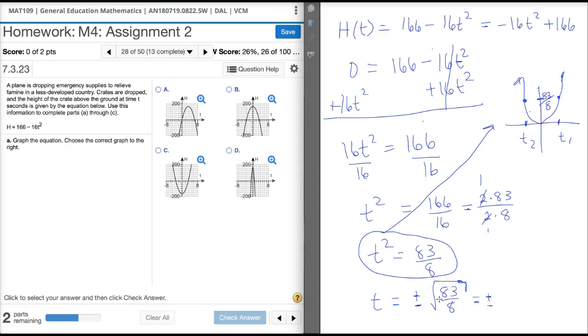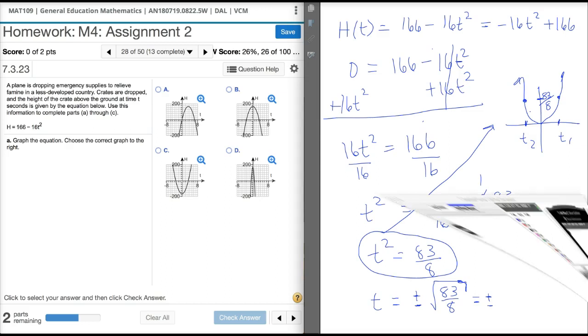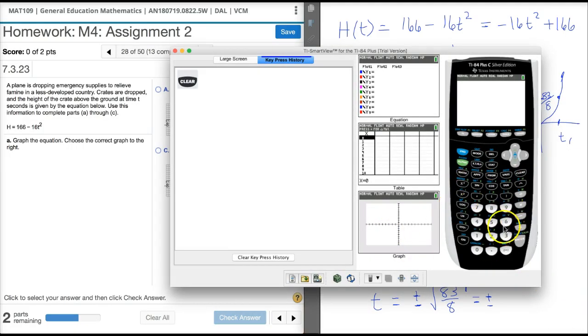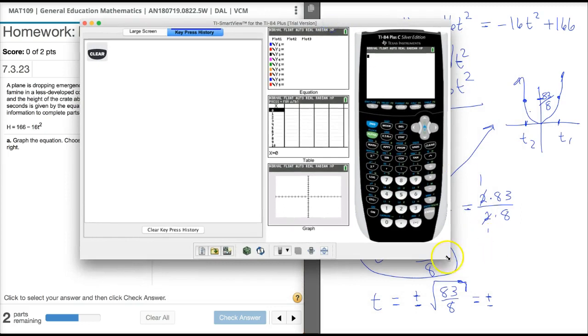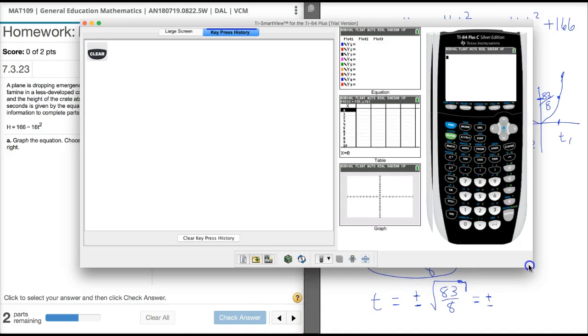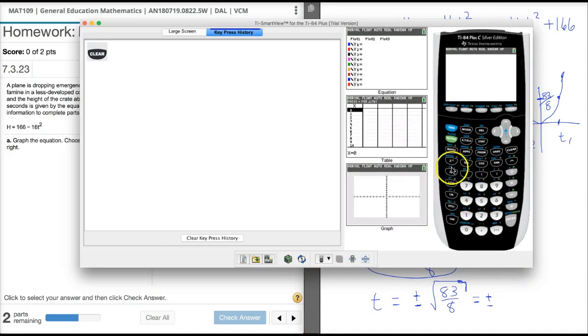So if we go ahead and put this square root of 83 over 8 in our calculators, I'm going to go ahead and bring up my graphing calculator here to do this. Here, let me make this a little larger. So here, if we do square root, and of course we can do that for the squared button.